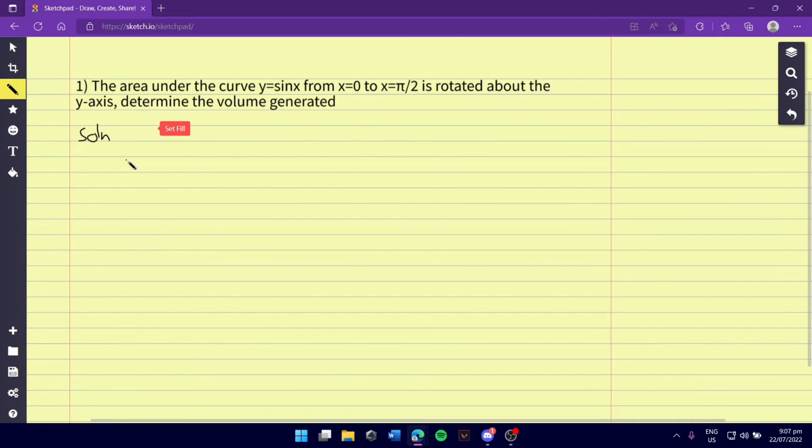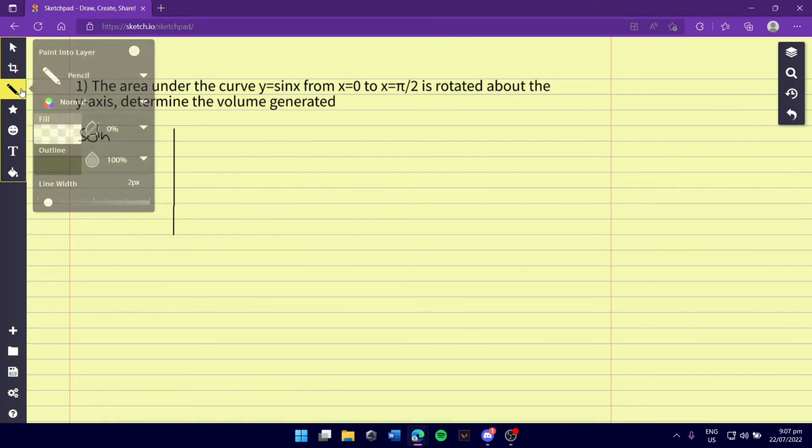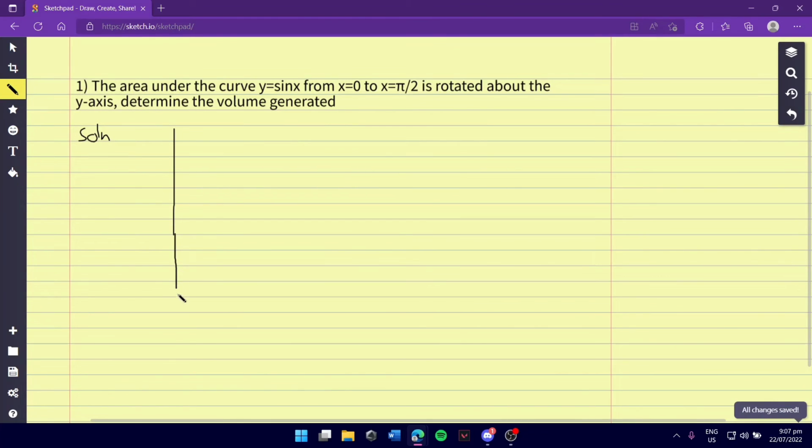You have here your y-axis and your x-axis, with the origin 0. Since it is rotated about the y-axis, we have here your axis of rotation, or your AOR.